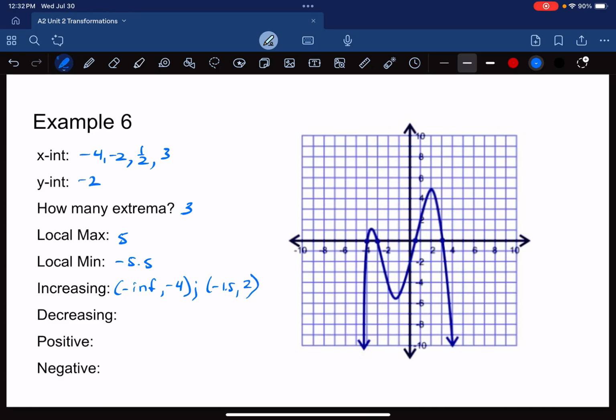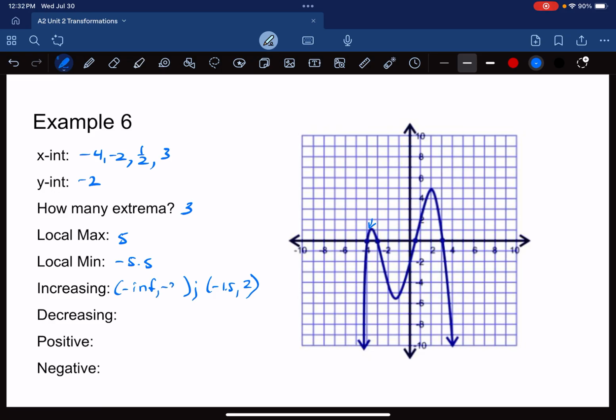2 sections. Decreasing. Well, I put negative 4 there, but I think it's really negative 3.3 or negative 3.5. See if I can squeeze in a negative 3.5 there again. So it's this point right here that I'm looking at.